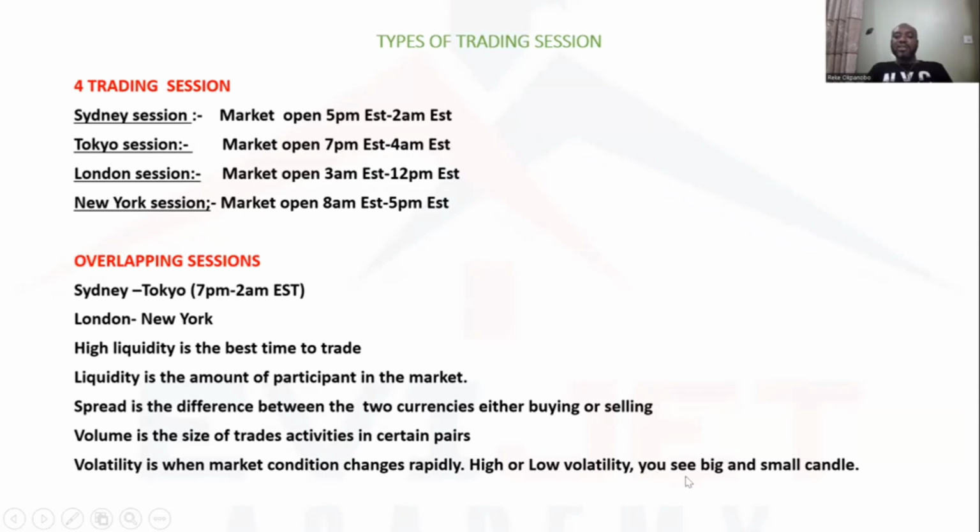That's when you see the big and small candles. So when there is high volatility, you see big bullish candles. All right, but when there's no volatility in the market, that's when you begin to see small candles. All right, and this candle represents, if it is 1 hour time frame, irrespective of the height of the candle, they all represent 1 hour.